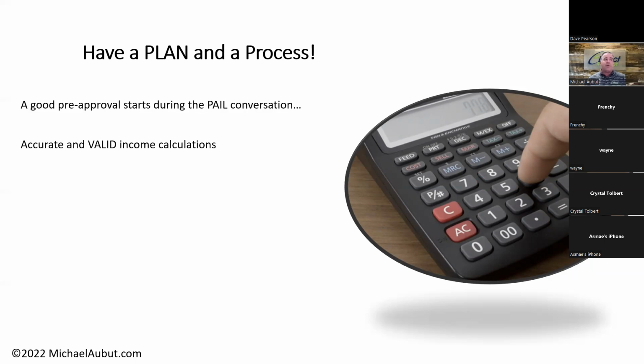So you should have gotten income documents. You should have calculated it. You should know there's no weird gaps or problems or issues. You should know everything is pretty straightforward with that. Guys, issuing a pre-approval is a special responsibility. It's a sacred responsibility. And by that, I mean, very simply, I know some of you are realtors as well.